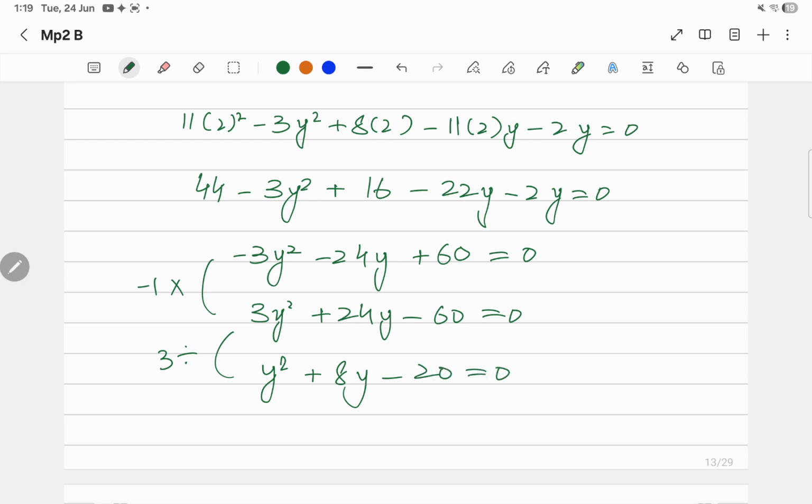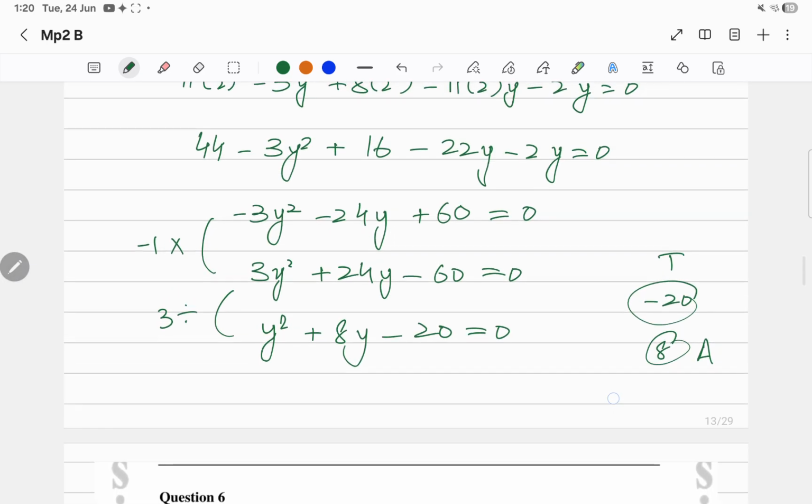Now we can factorize this. For the factorization we need to consider this term which is minus 20, and the coefficient of y is 8. We need to find the pair of numbers which add to 8 and multiply to minus 20.